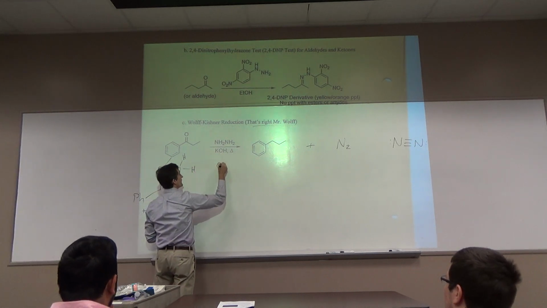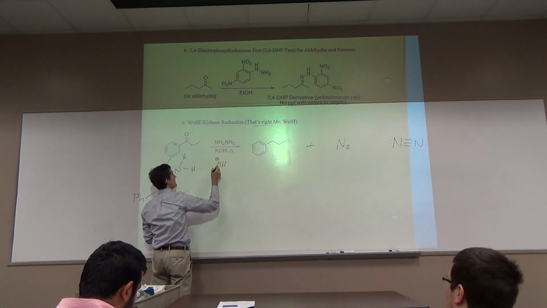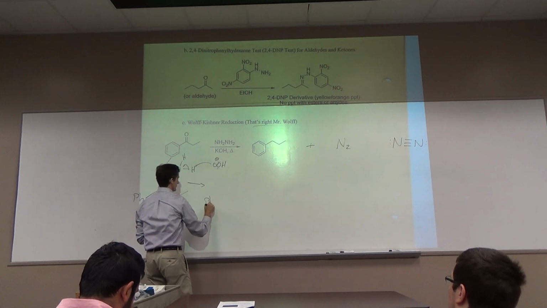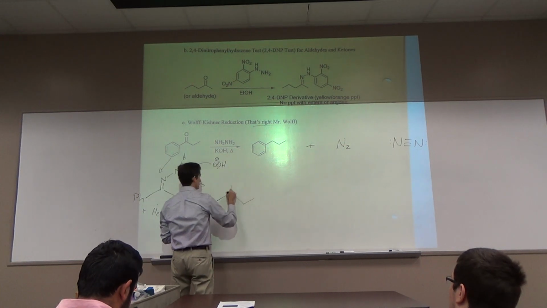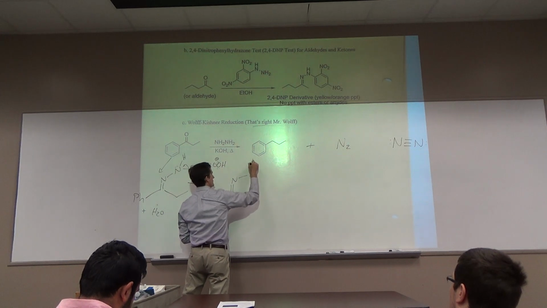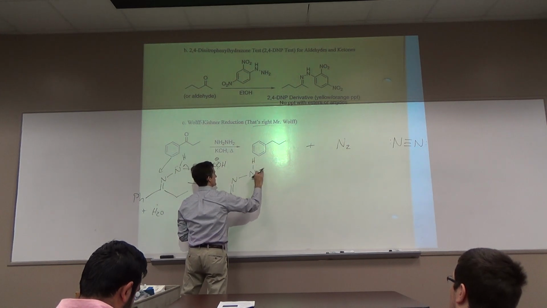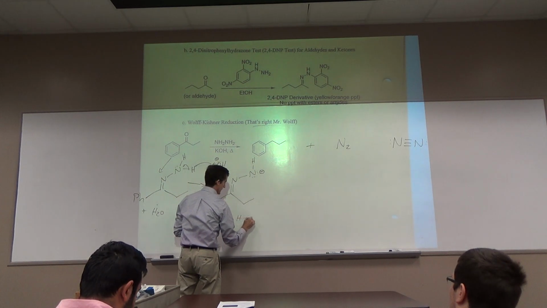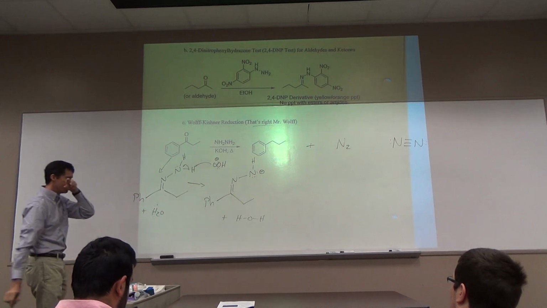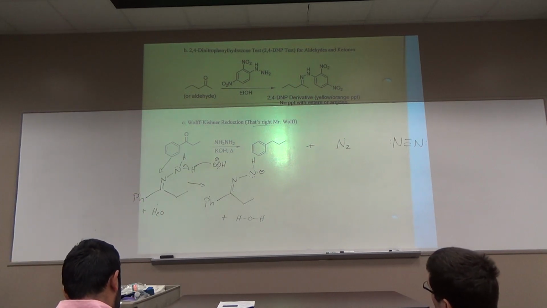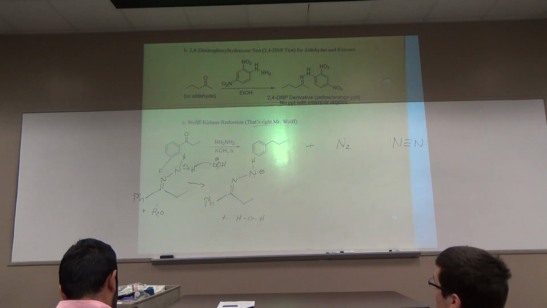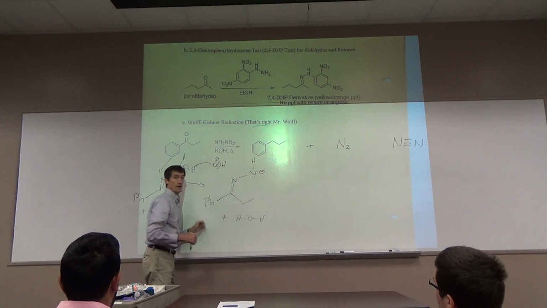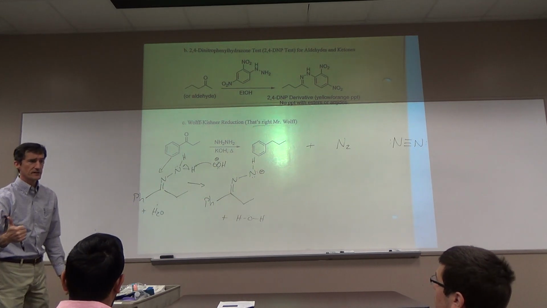So we have a base. The first step here is the base. These electrons take the H, leave electrons behind. What do we get? We get this anion plus what? Plus water. Is it reasonable to make that anion, to do this acid-base reaction? Yes. What type of stability does our anion have? It's an electronegative nitrogen. It's not as good as oxygen.